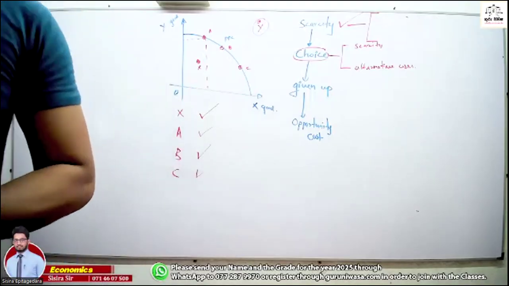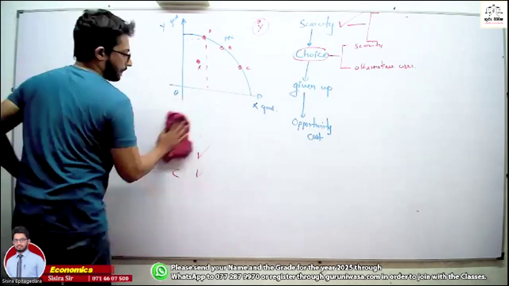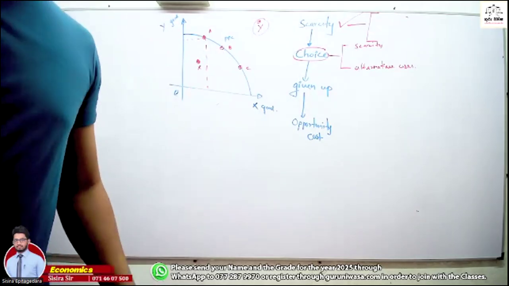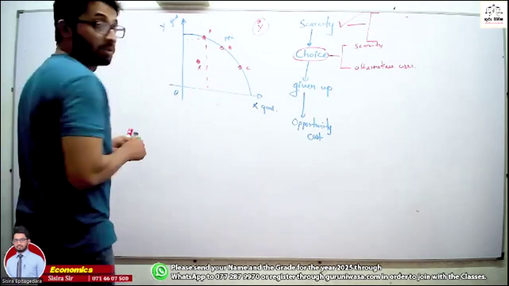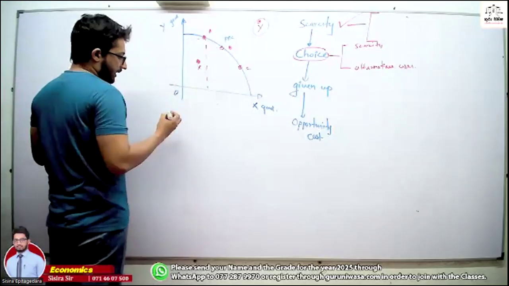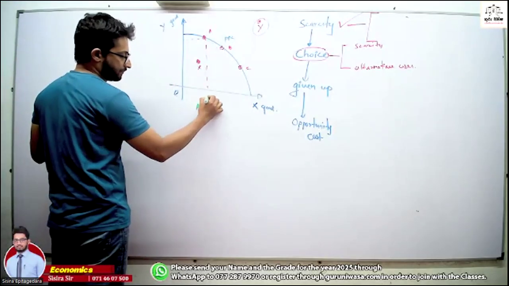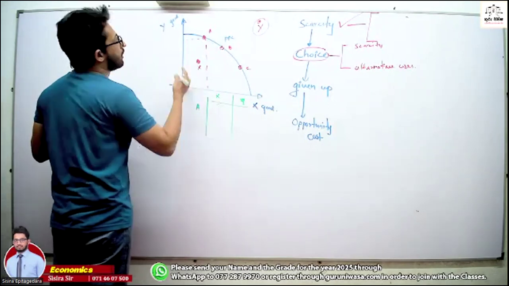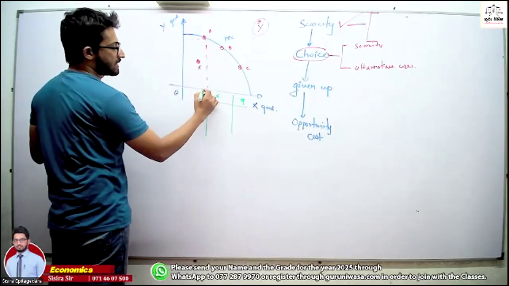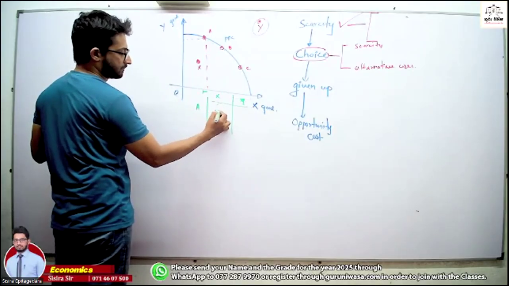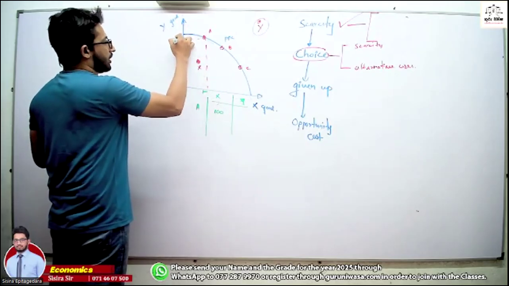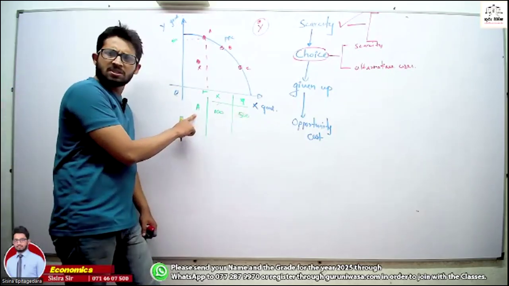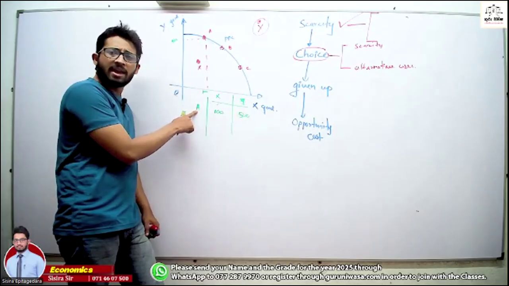Example, assume at point A, X production 100 units, Y production 500 units. The economy can produce or choose point A if they want.